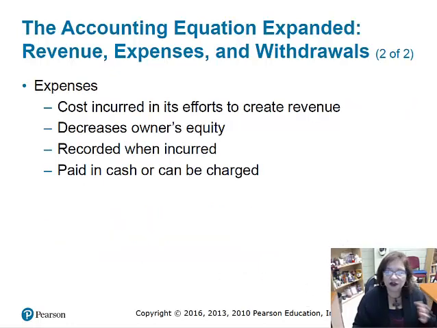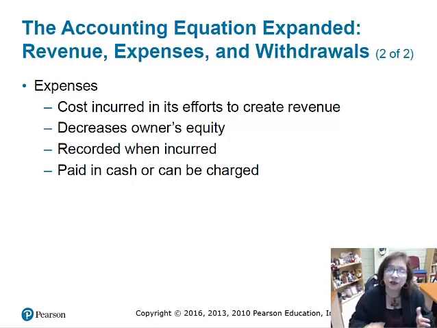Expenses. Expenses are anything that you have to pay: rent, utilities, wages, miscellaneous office equipment, the consumables, paper, pens, pencils, paper clips, things like that. Let's say that you were in a restaurant, anything of the things that you have to purchase, which would be the expenses of the foods for preparation, all of those items, any inventory that you had to purchase, all of that is considered an expense, okay?